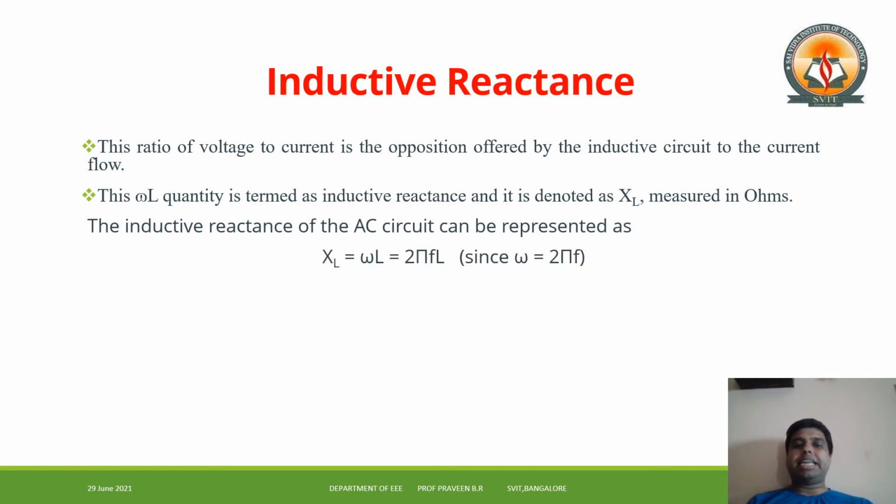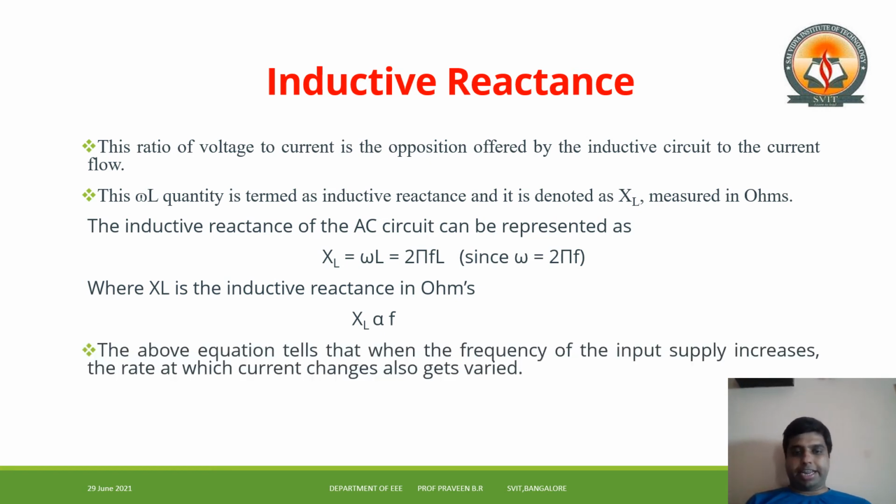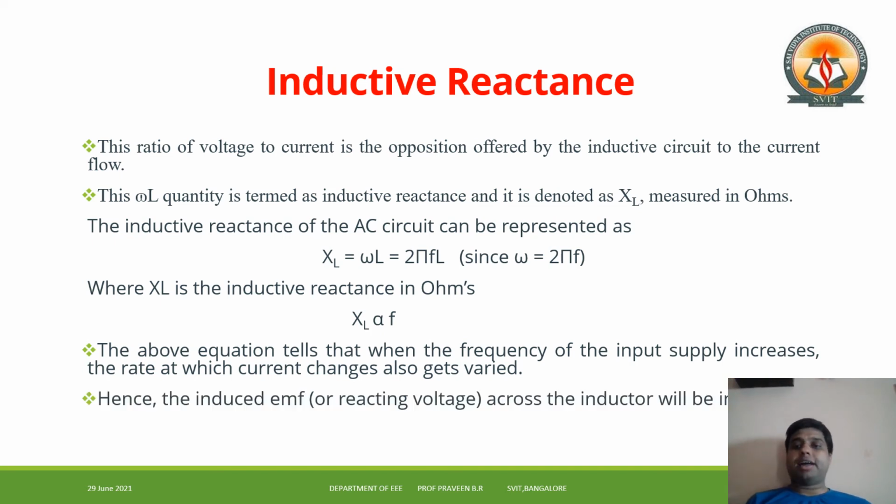Therefore, XL = 2 pi f L. 2 is constant, pi is constant, and L is constant. So XL is directly proportional to f. So as your frequency varies, XL also varies. When frequency increases, the rate at which the current changes also varies, and hence the EMF also varies.